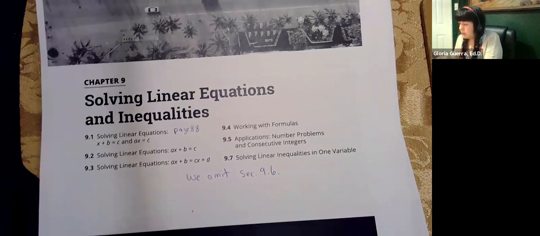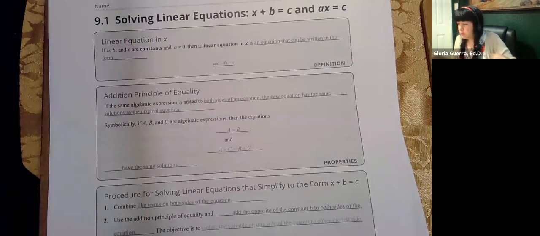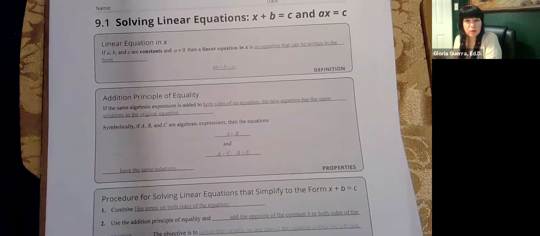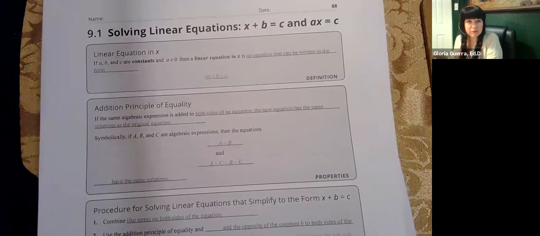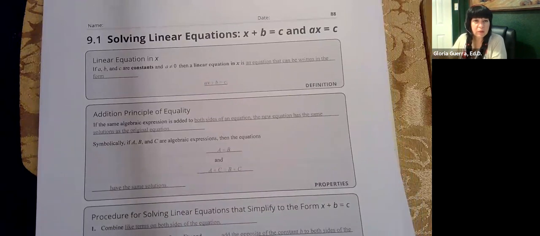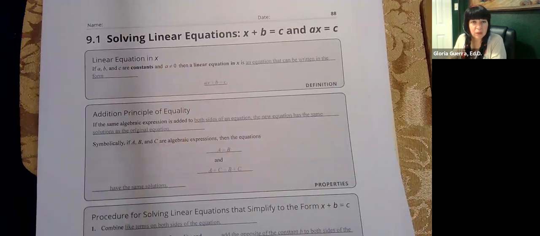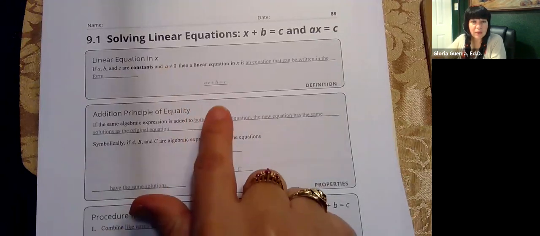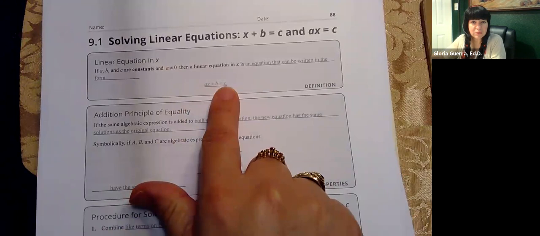Okay. And the first thing we'll go over in our workbook is the steps. So it talks about the linear equation in x. If a, b, and c are constants and a should not be equal to 0, then a linear equation in x is going to be an equation that can be written in this form, ax plus b equals c.